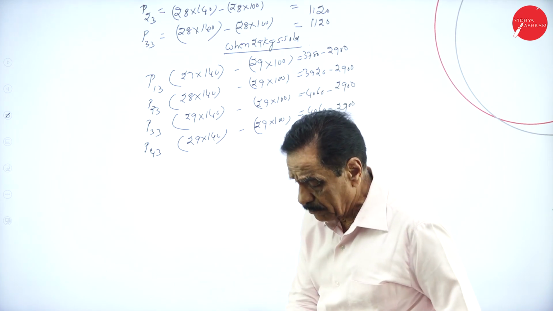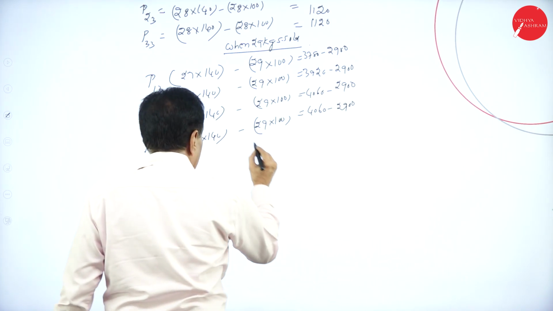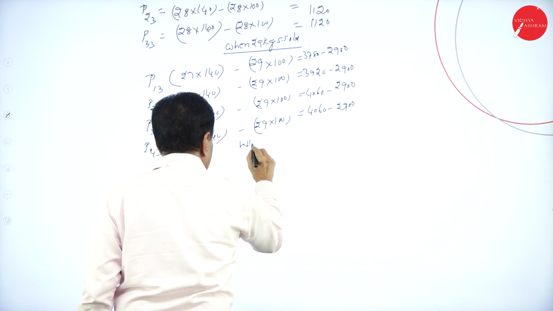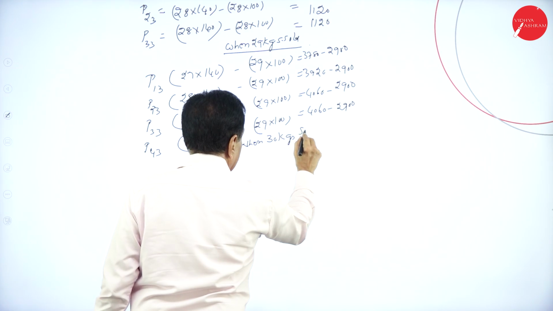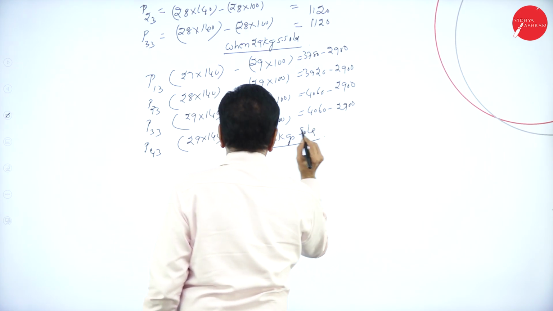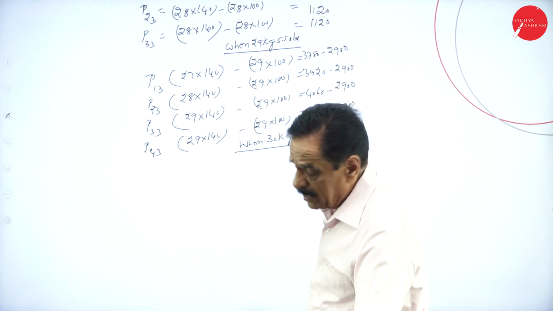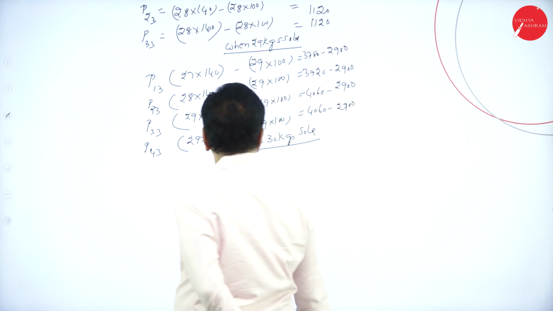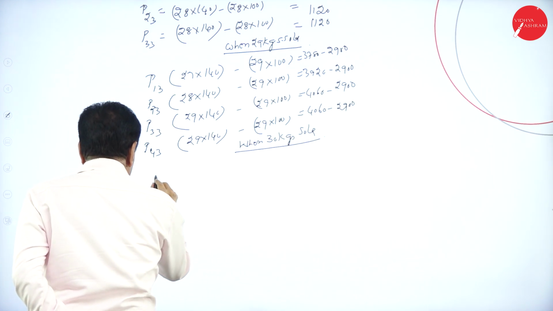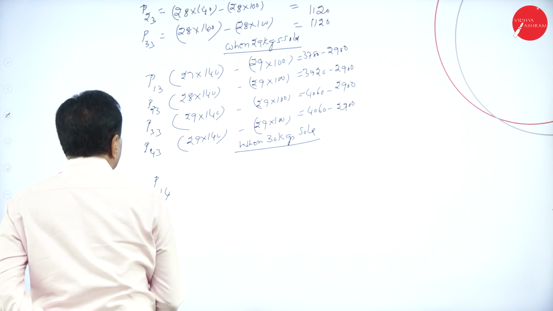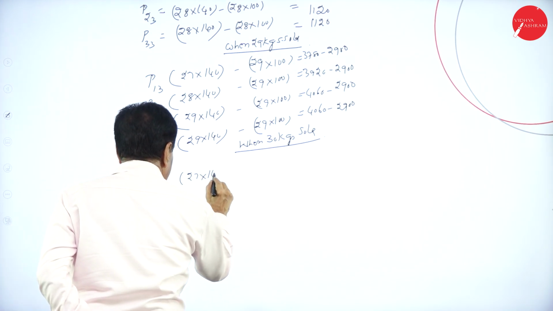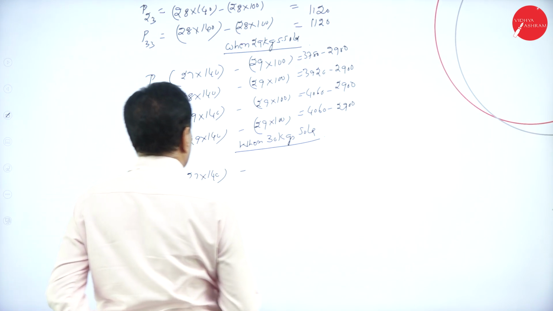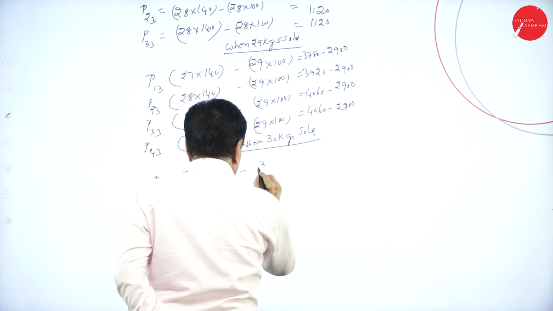Last one, when 30 kg sold, P14, 27 into 140 minus 30 into 100.